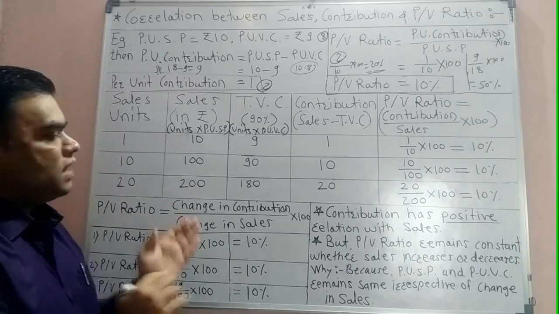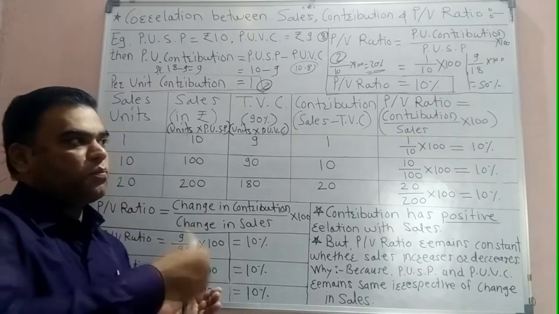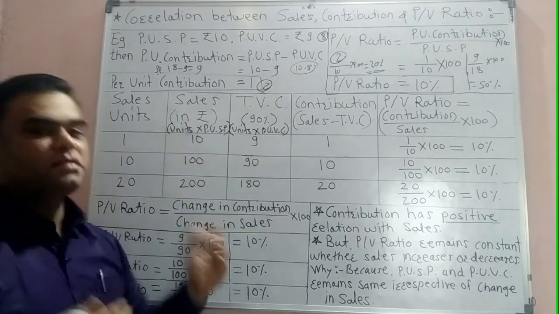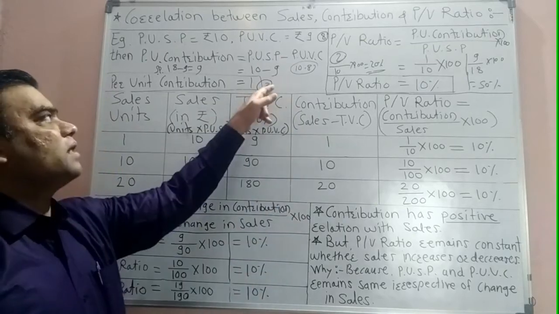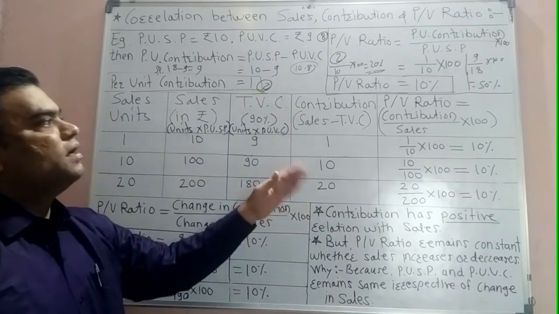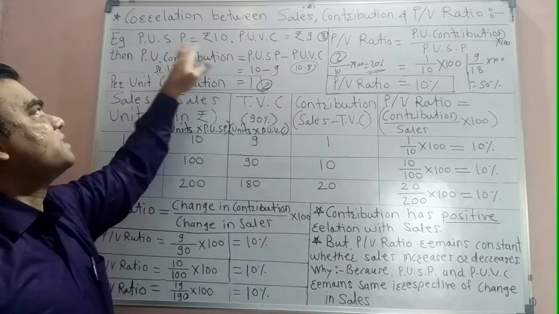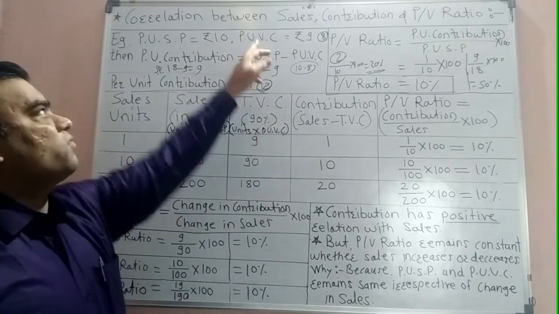Because whether you take total figures or changing figures, your proportion between contribution and sales will remain the same, because your contribution, PV ratio, contribution at all levels is 10% of sales, because your per unit selling price and per unit variable cost is not changed.